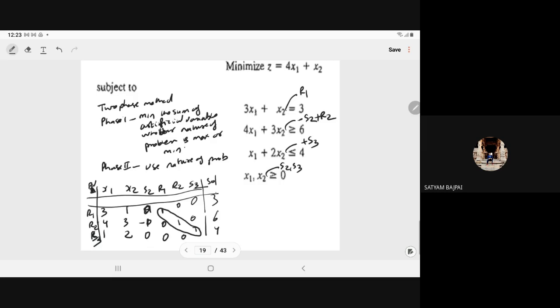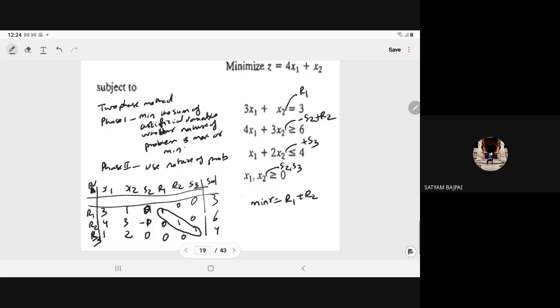Now, as I said, we solve the current problem with the two phases. In phase 1 we minimize the sum of artificial variables. We have used two artificial variables, r1 and r2. So we minimize r equals r1 plus r2.